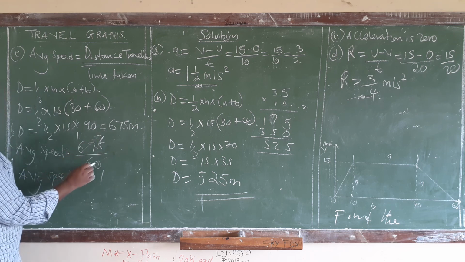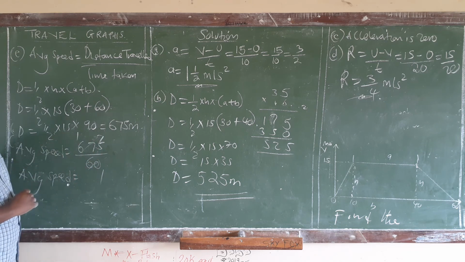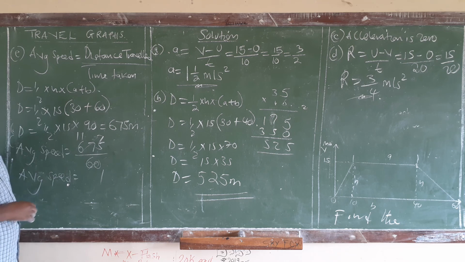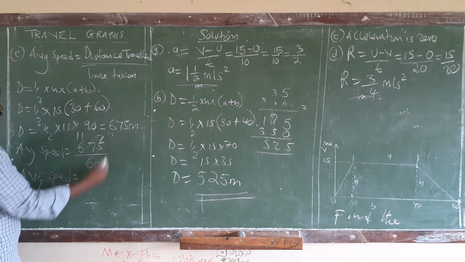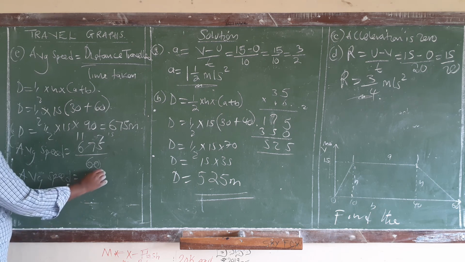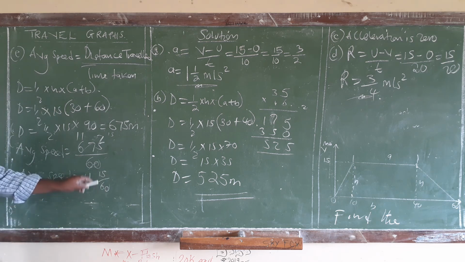So what is 60 into 75? You have got 1. What is the remainder? You have 15. So what we have is 1, 15 over 60. But you can reduce this by finding a number that can divide between this and that, the highest common factor.